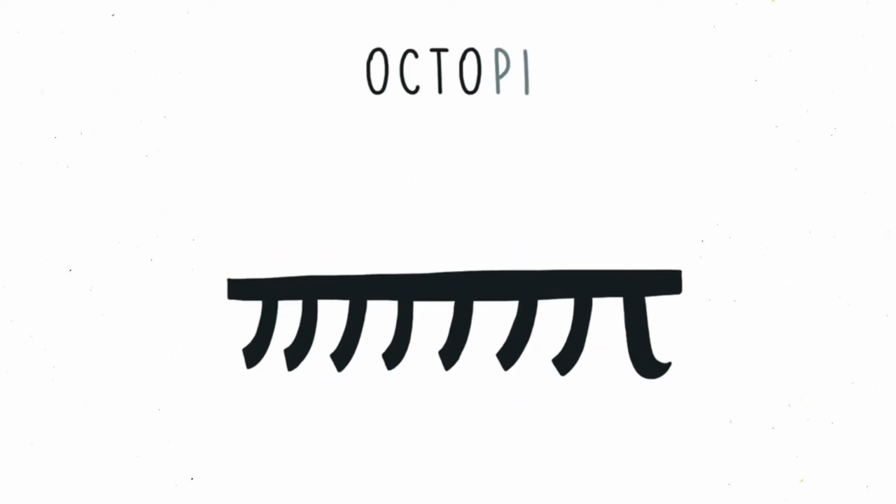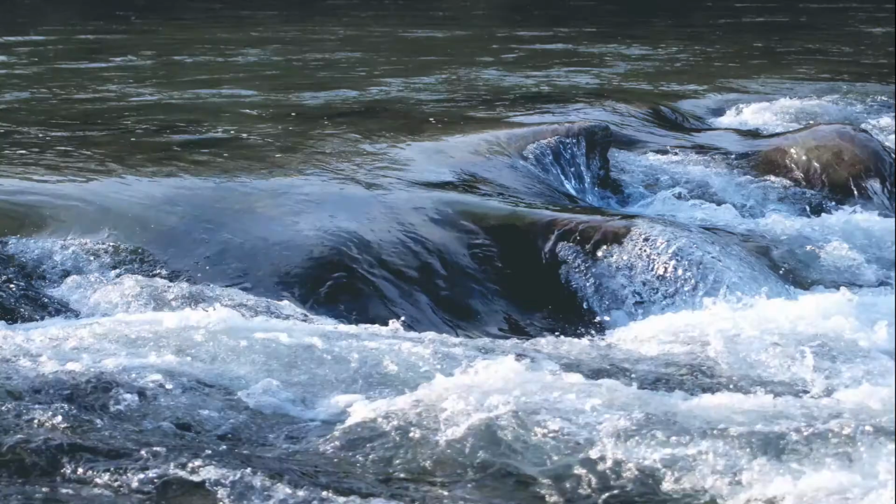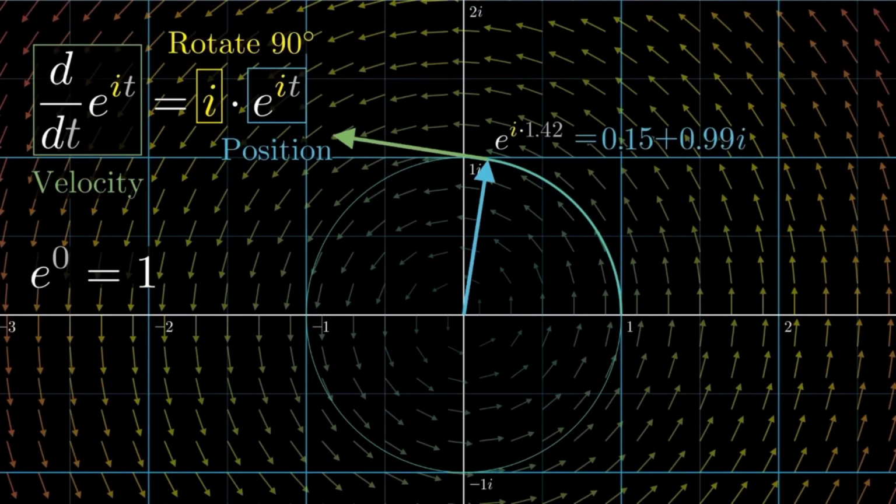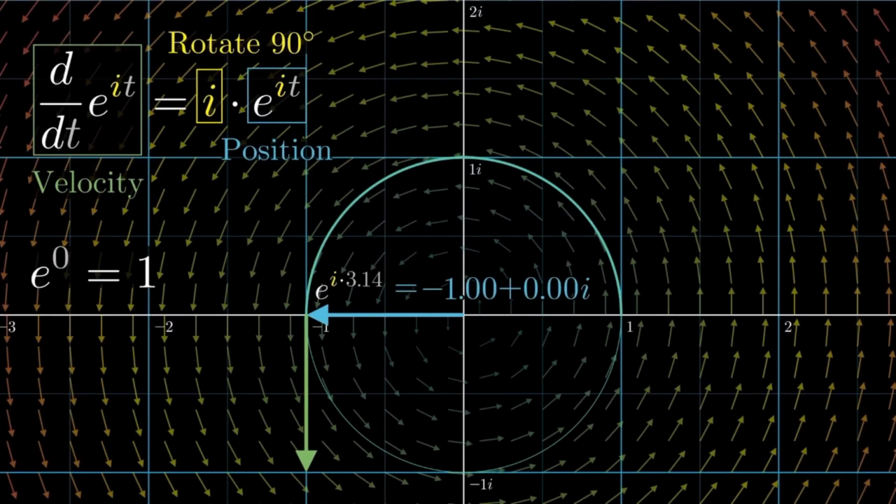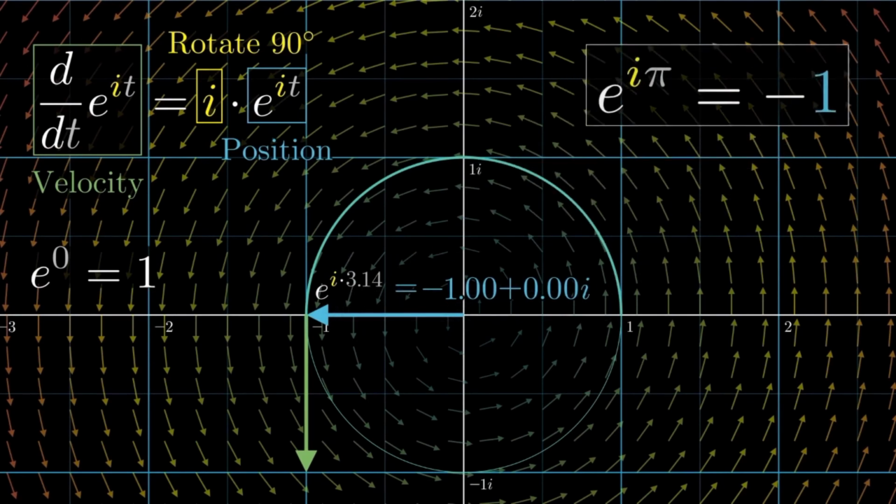In fact, pi is useful for describing everything from the way light and sound waves ripple to the bendiness of a river, and it even crops up in calculations where circles are nowhere to be seen, such as Euler's identity, a formula that has been described as the most beautiful in mathematics.